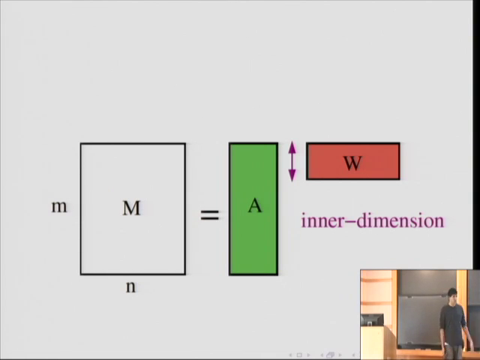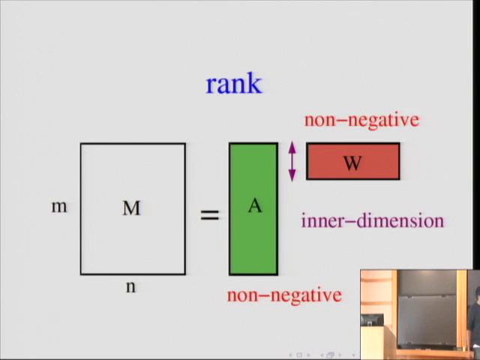Now, what's the smallest inner dimension we can obtain here? That's just the rank of the original matrix. And there are, of course, efficient algorithms for computing a so-called rank factorization, one whose inner dimension exactly matches the rank of M. But in the case where M itself is non-negative, oftentimes it makes sense to add constraints on A and W. Namely, since M is non-negative, we sometimes want A and W to also be entry-wise non-negative.